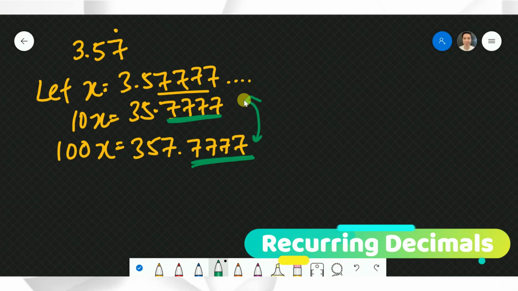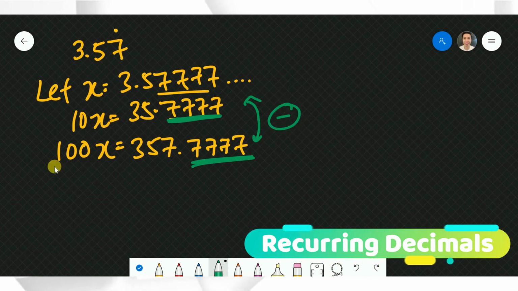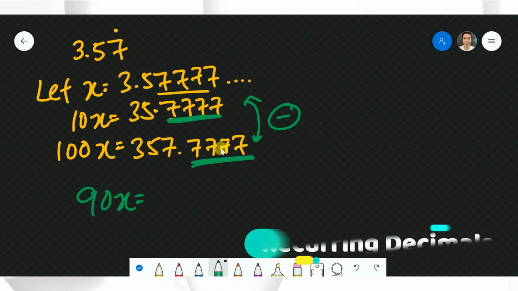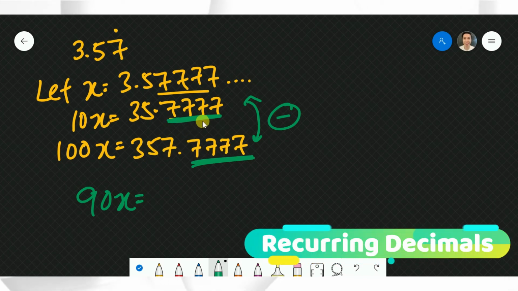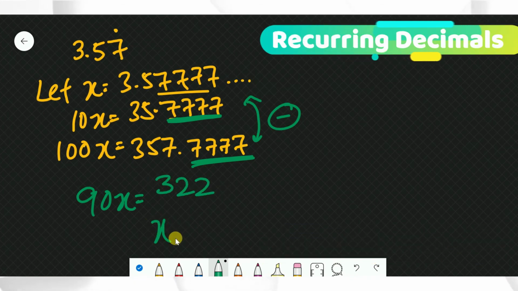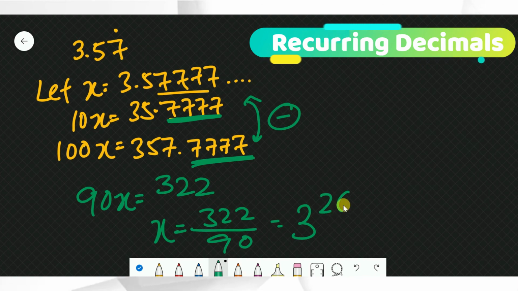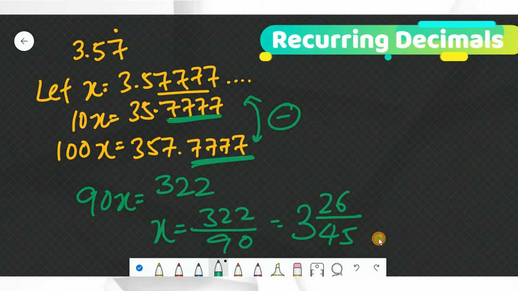So it means we can cancel it off by taking 100x minus 10x, which will become 90x, right? Then 357.7777 minus 35.7777 we'll have 322. So our answer is x equals to 322 over 90. And if you use your calculator, you will get 3 and 26 over 45. Alright?